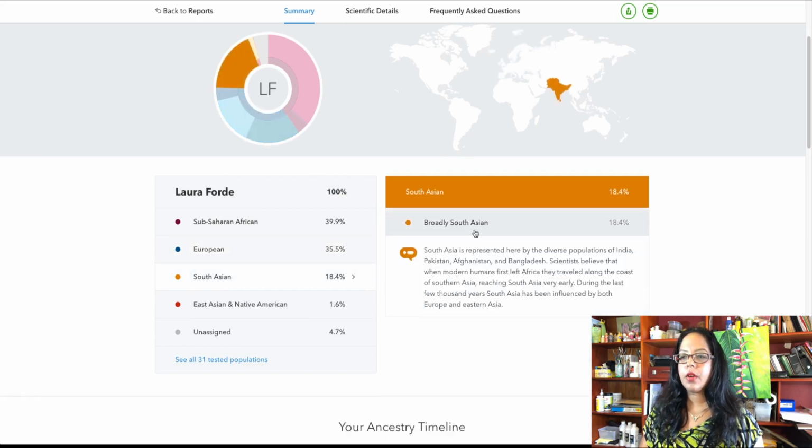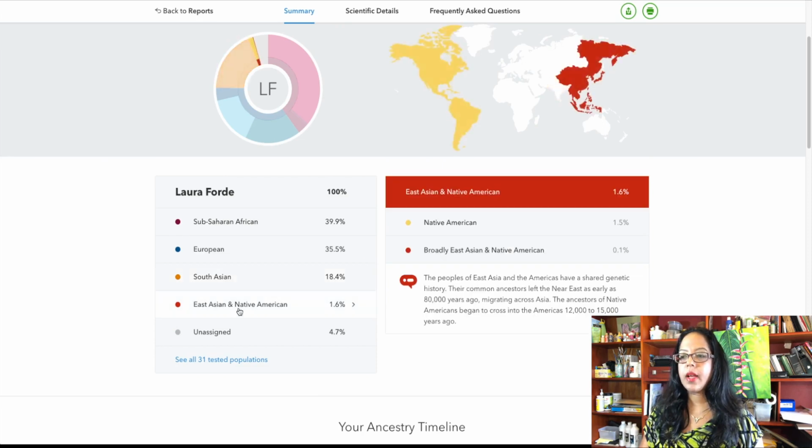And if we click here now, I am 18.4% broadly South Asian. So I have Indian in me. And then if I click here, it says that I am 1.6% East Asian and Native American.